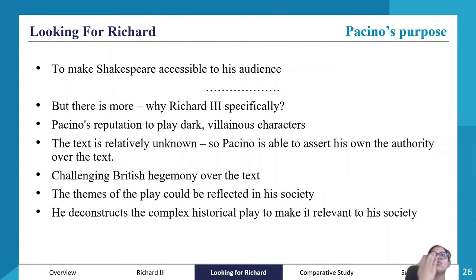That's what Pacino is talking about. And the way Pacino describes it is quite interesting. For example, when he talks about Richard's deformity, he says his physical hunchback is like a manifestation of his psychological deformity. It's not a physical thing, it's psychological. And can you see how that differs to how Shakespeare portrays it?